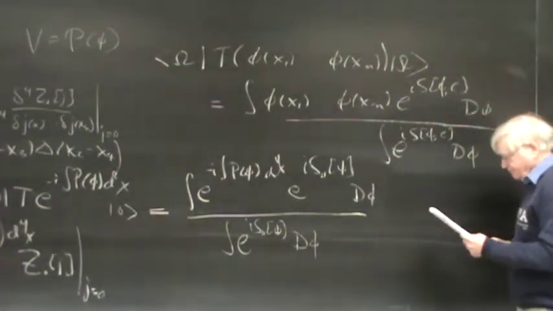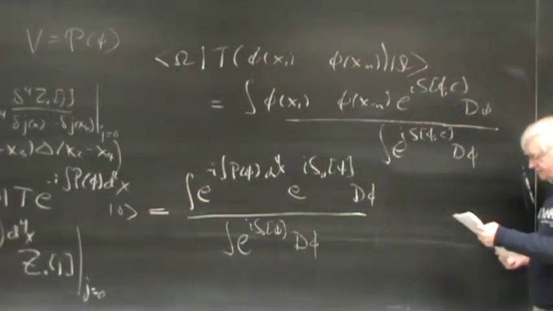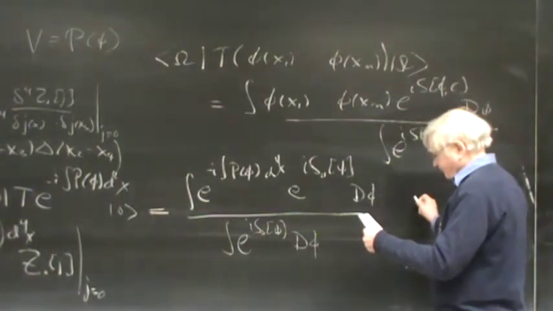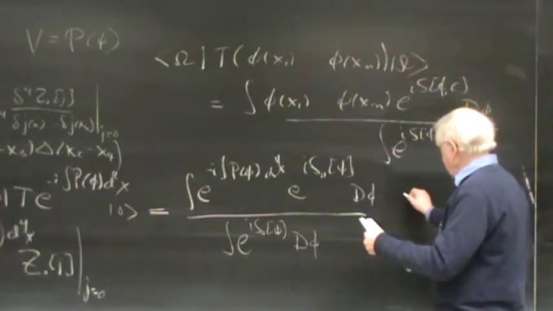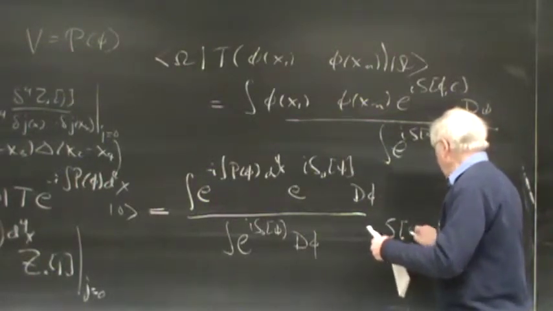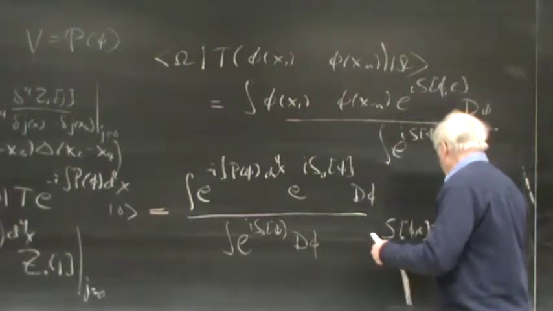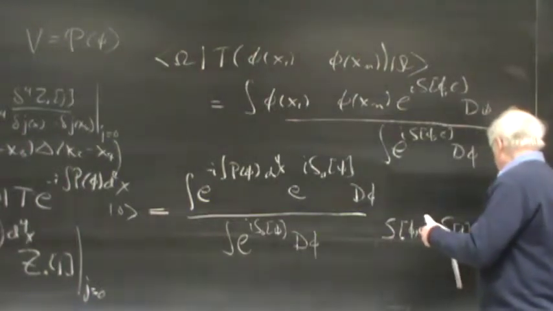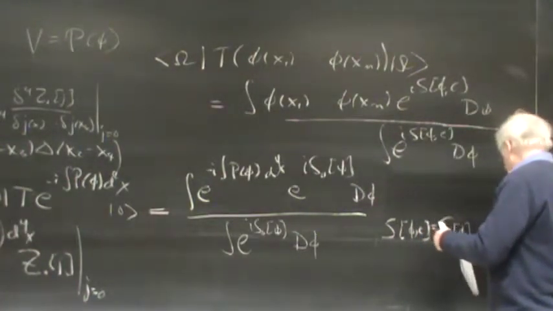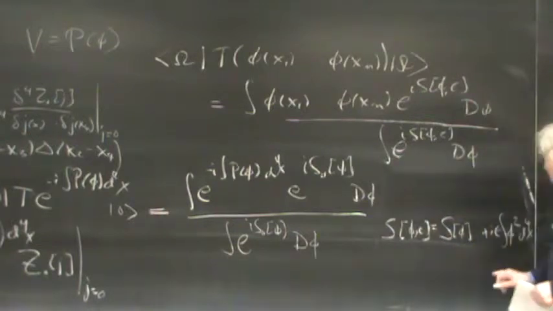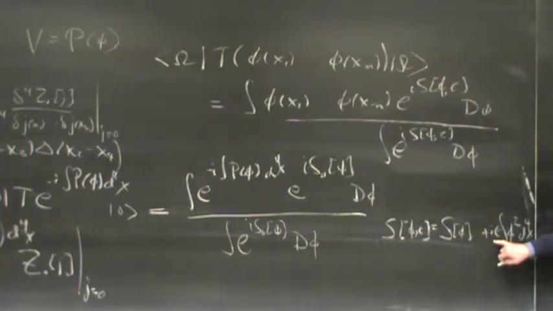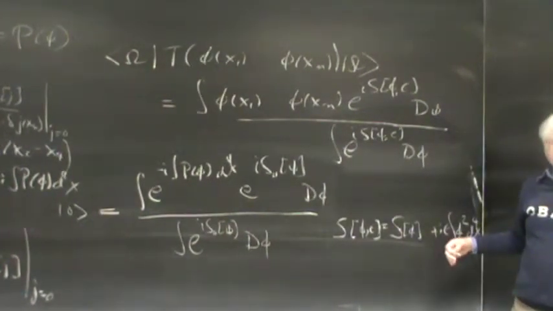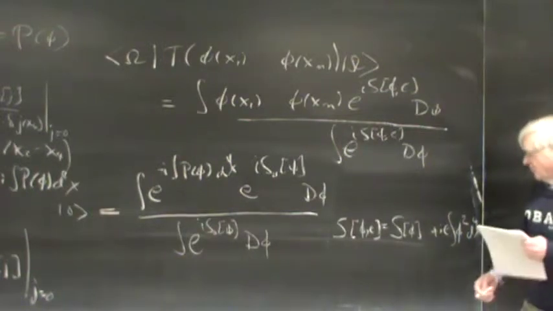And now the epsilon means that, in other words, S of phi and epsilon is S of phi plus i epsilon integral of phi squared, say, d4x. So this together with that i gives you damping at very large times and so forth.